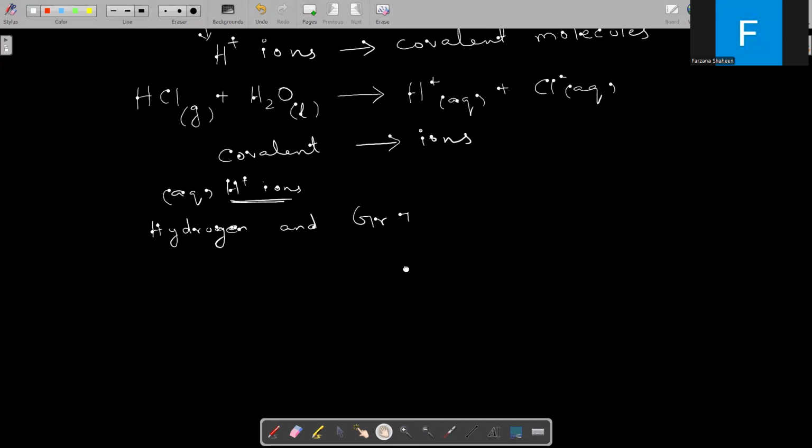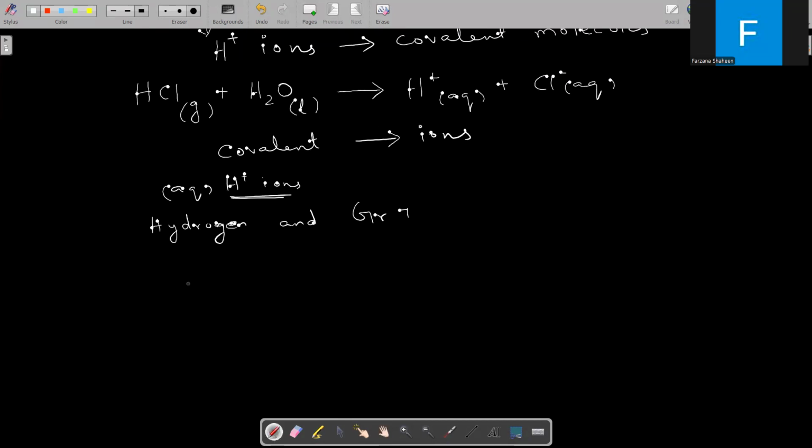When you add them to water, let's take a few examples, like HCl. It becomes aqueous, so this HCl gets ionized. It becomes H plus ions and chloride ions.